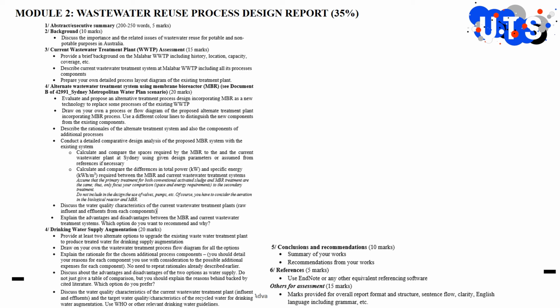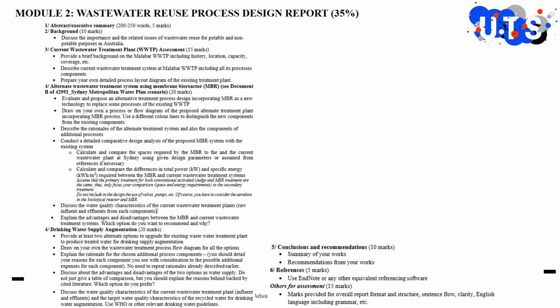Which option do you prefer? Also, you can discuss the water quality characteristics of the current wastewater treatment plant, influent, effluent, and the targeted water quality characteristics of the recycled water for drinking water augmentation. You can utilize the WHO or other relevant drinking water guidelines.